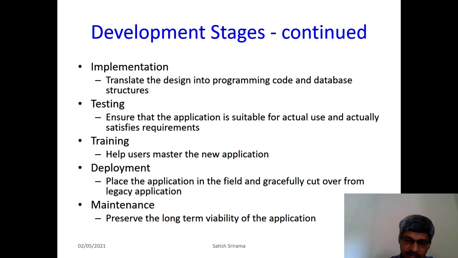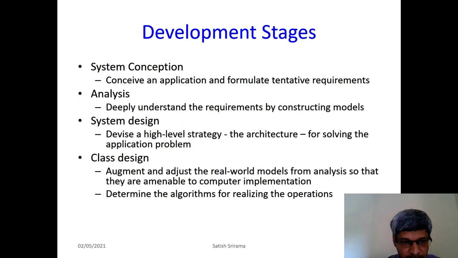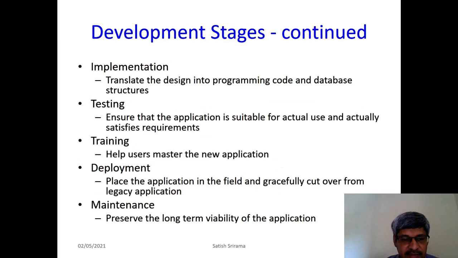What it really means, I will talk about in the coming slides. So these are the nine stages: system conception, analysis, system design, class design, implementation, testing, training, deployment, and maintenance.